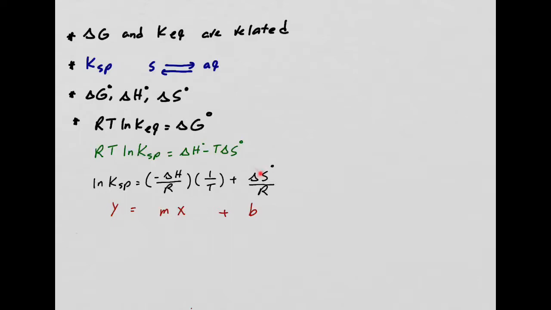Now what am I going to do? I'm actually going to graph this. Let's graph this. I want you to do this before you watch my graph. How would you graph this? You know this already. To graph this, I'm going to have 1 over T on my x-axis. On my y-axis, I'm going to have ln of K equilibrium, or KSP in this case.